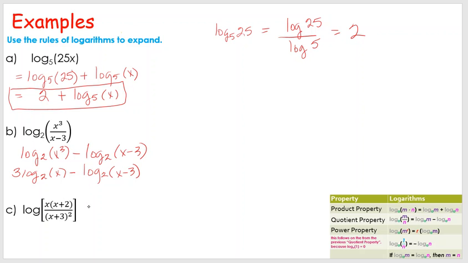So let's look at this last one. And remember, if we don't have a base, we know that's a 10. And of course, I've got division going on here. So my first step is I'm going to write that out as a subtraction. I don't need to put the 10.